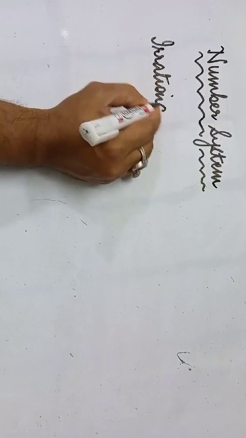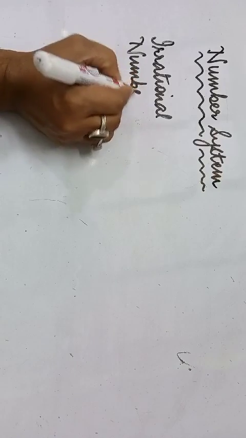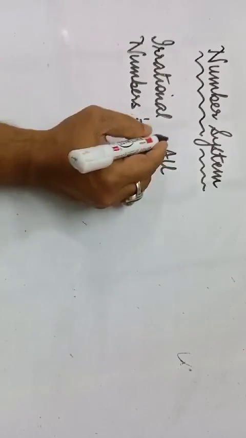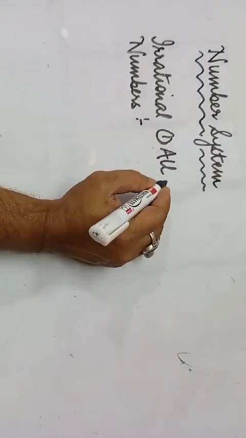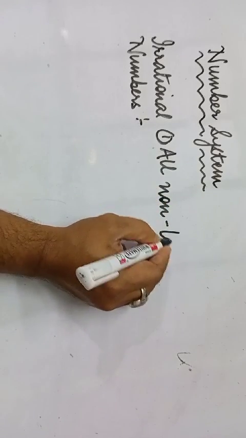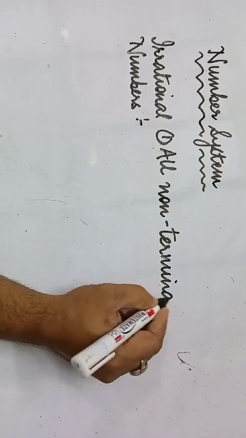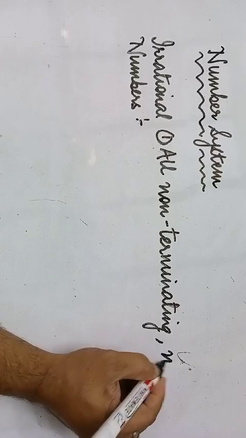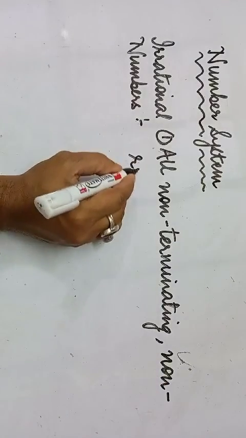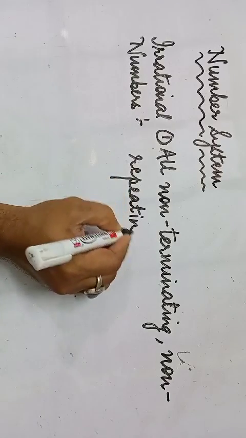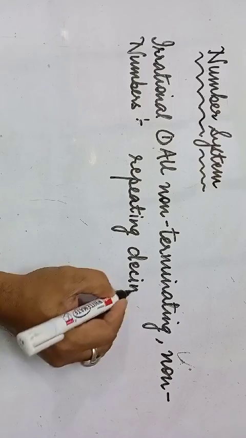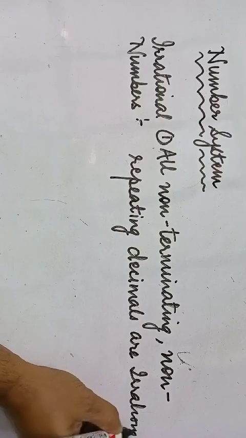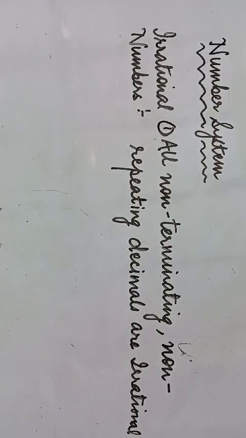The easiest way to find out about irrational numbers, so I'm writing the first point here: all non-terminating, non-repeating decimals are irrational. So that is the very first thing that you should remember about irrational numbers.